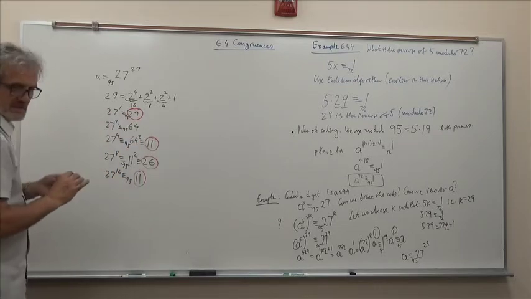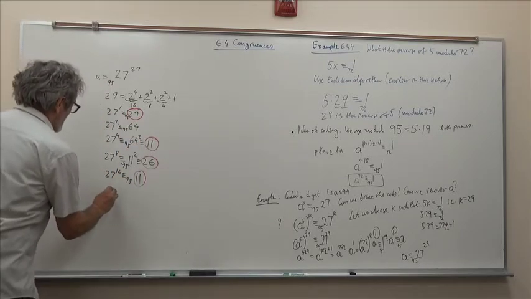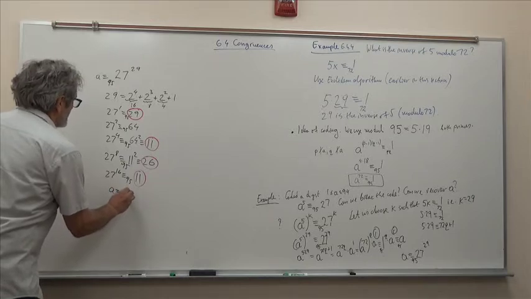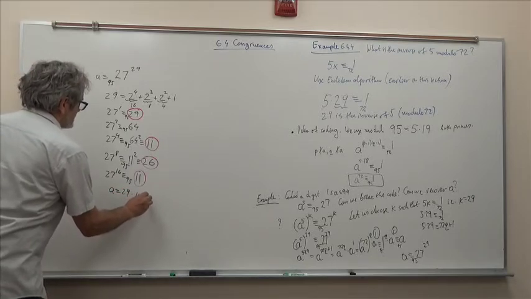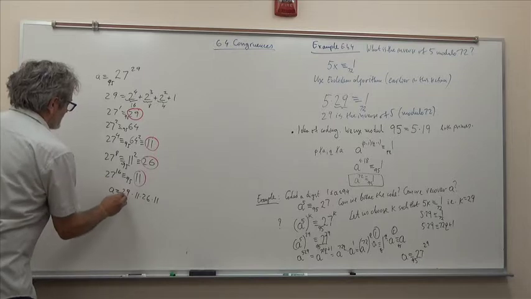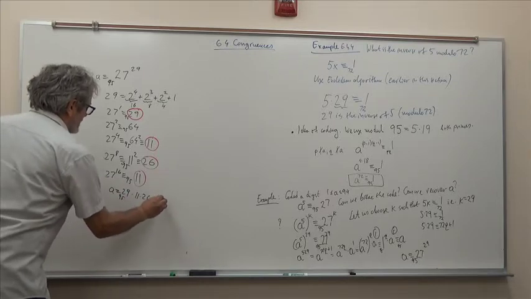So I get that A is congruent with 27 times 11 times 26 times another 11 modulo 95.